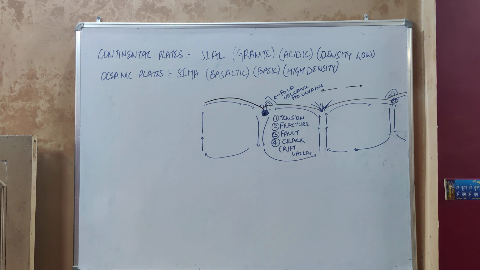Now look, we know that oceanic plate is denser and continental plate is less dense. Then we know that whatever is denser will come down and whatever is less dense will stay up. Alright. And if this is an oceanic plate and this is a continental plate, this oceanic plate is dense, so that is why it will converge down and it will then melt into the asthenosphere, and then there will be a formation of such landforms, right?